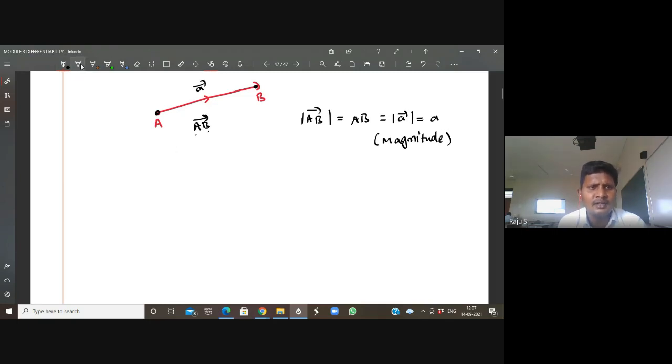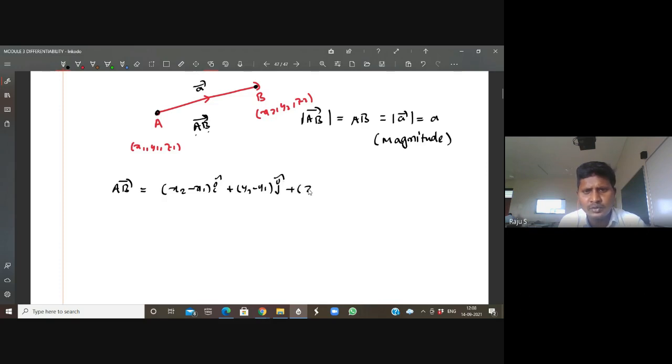If I take the point A as (x1, y1, z1) and B as (x2, y2, z2), then the vector AB is given by (x2 minus x1) i cap plus (y2 minus y1) j cap plus (z2 minus z1) k cap.